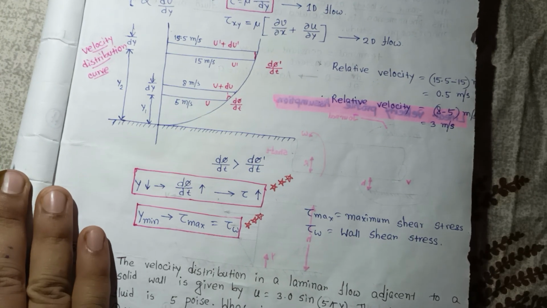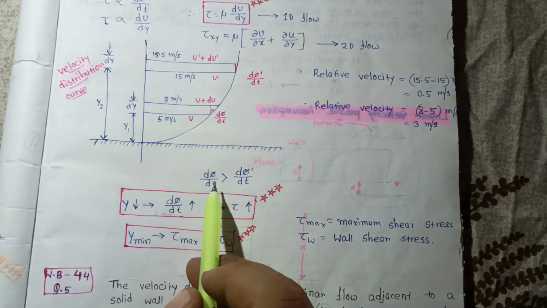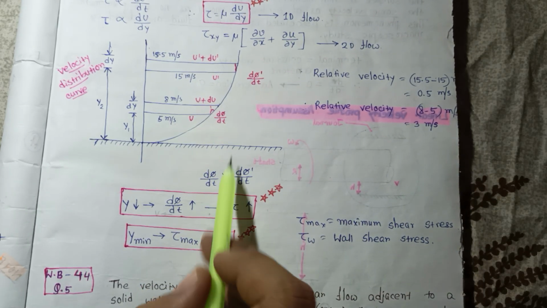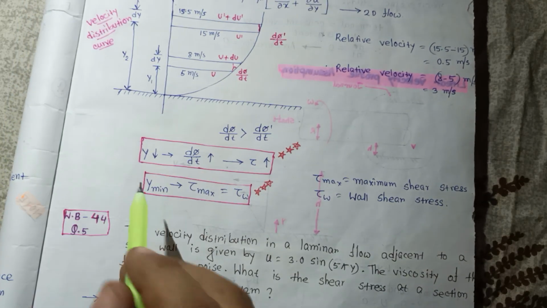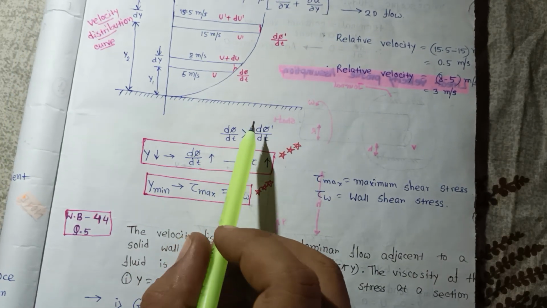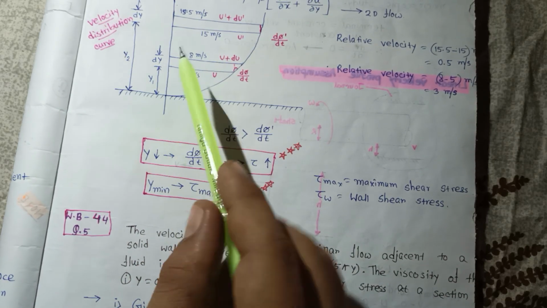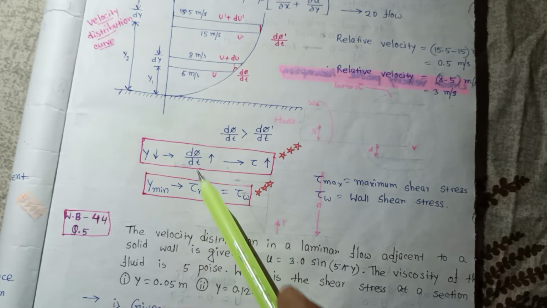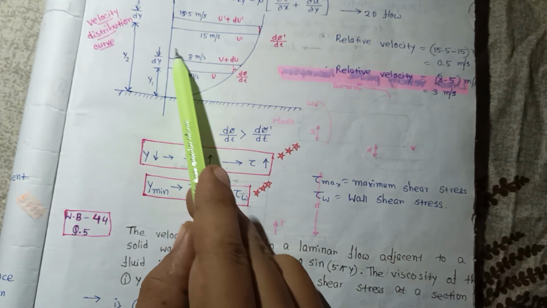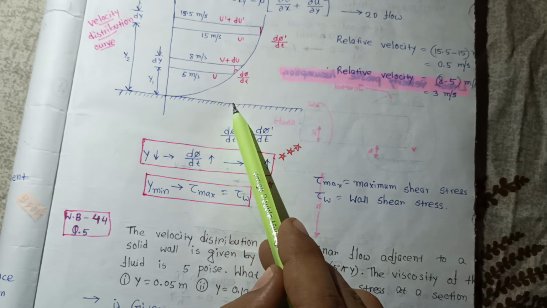So you see that d phi by dt, the rate of shear deformation, in that location is greater than d phi dash by dt. Now when y decreases, d phi by dt is maximum. When y decreases, here is the smaller value, here the large value, and here also a large value.